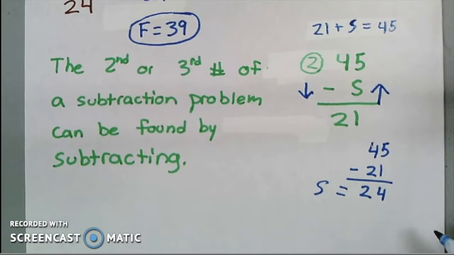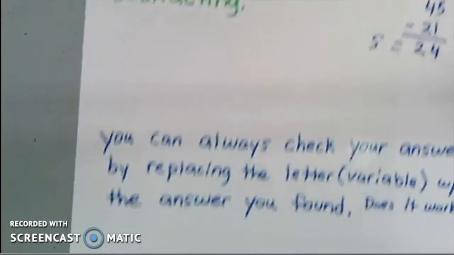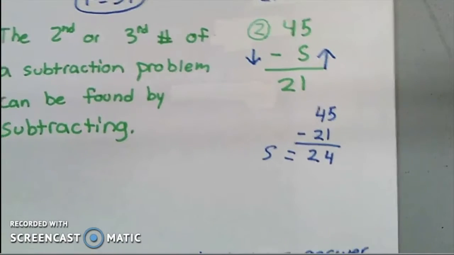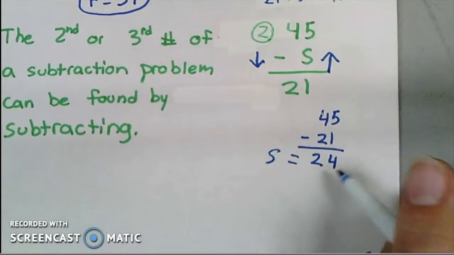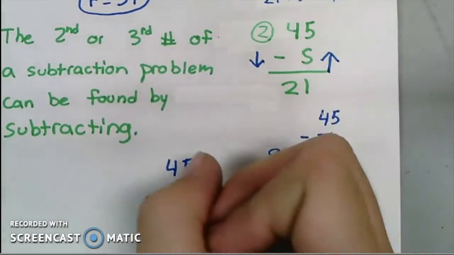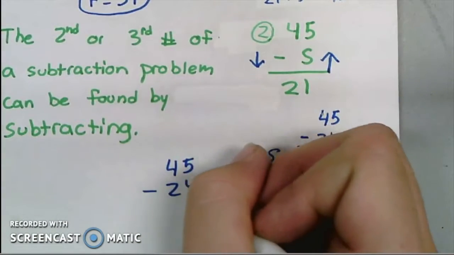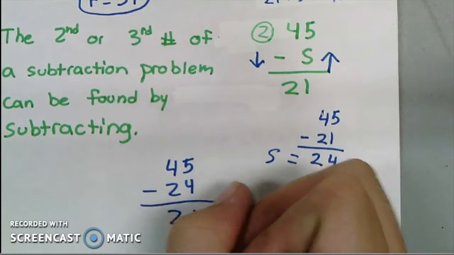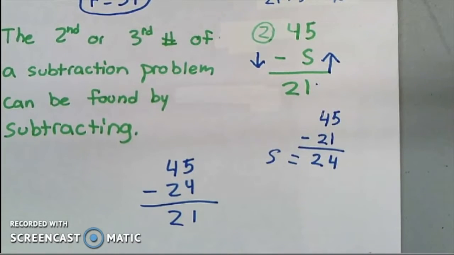Let's check it by plugging it in. That's how we can always check our answers. Here's a little note for you about that. You can always check your answer by replacing the letter or variable with the answer you found and see if it works. So in this case, in my original problem, 45 minus 24, 5 minus 4 is 1, 4 minus 2 is 2, it works out.